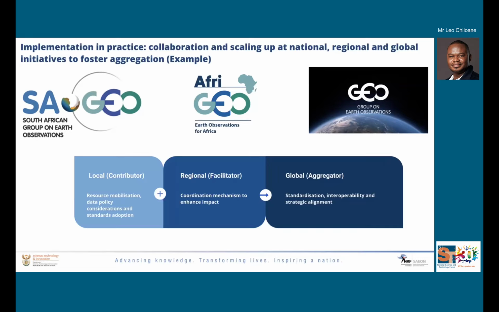But regionally, this then feeds into some sort of facilitation mechanism that can enhance impact. And then globally, GEO would be the aggregator where we contribute our data, ensure that we've adopted the recommended standards and tailor them to fit our purpose, and that our systems are interoperable and strategically aligned as well.